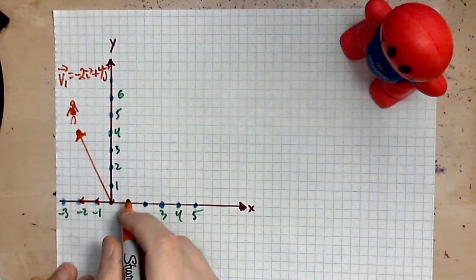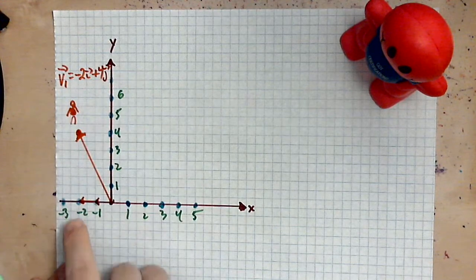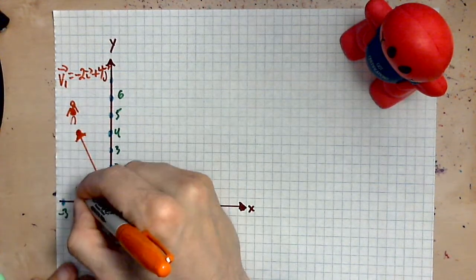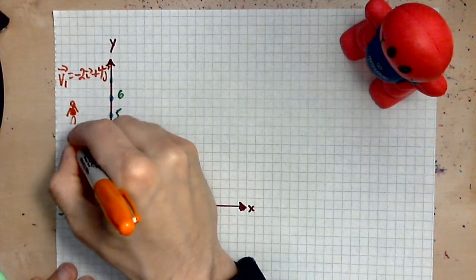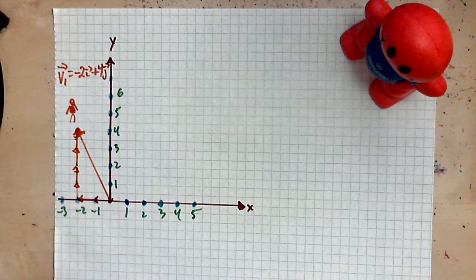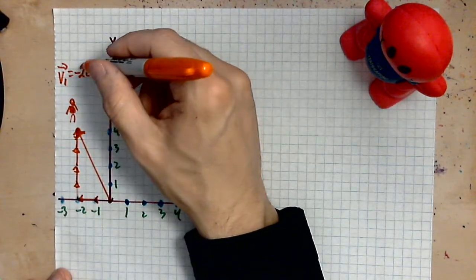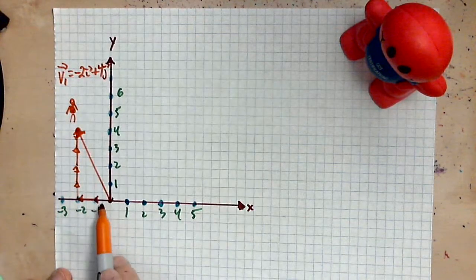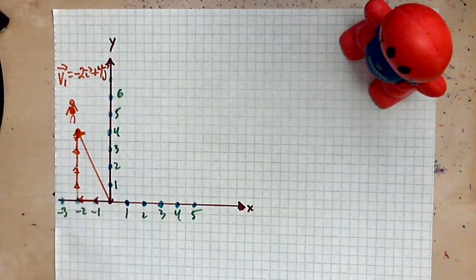Each of those is an i, and that 4 means you will go 4 up. So 1 up, another 1, and then the last one, okay? Those are the components. Remember, the components here are -2 and 4, and those consist of 2 little i's to the left and then 2 little j's straight up, okay?